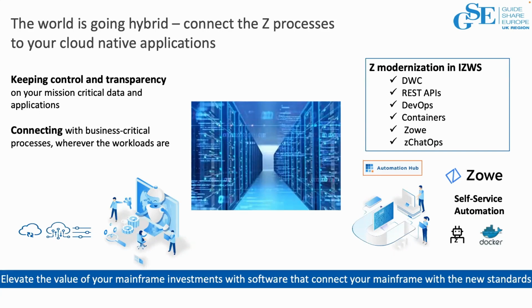And the most important part of the strategy around the mainframe in this era is to make it open to connect with other environments, in particular cloud environments. So it's important to keep your control on your mission critical data that are probably stored in your mainframe, but also to connect the mainframe and your workloads on the mainframe with cloud applications and business applications that are running in different environments.